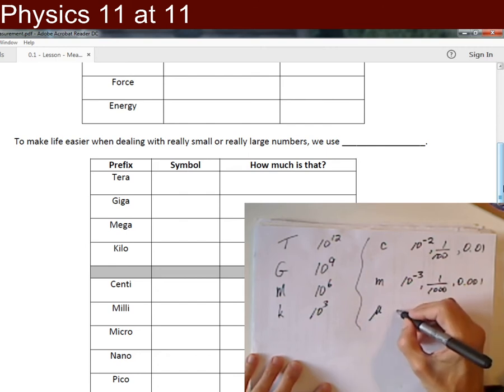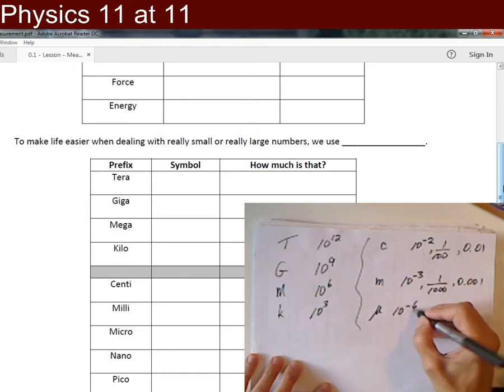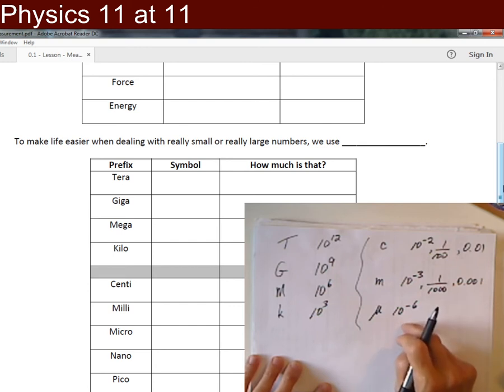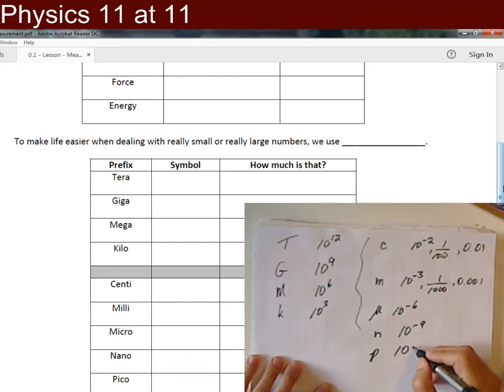So this would be 10 to the negative 6. Could show you the decimals and such, but you can see this is going to start getting long, which is the whole point of doing this in the first place. So I'm just going to leave it there. Little n stands for nano. This is 10 to the negative 9. And then pico is little p. That's 10 to the negative 12.